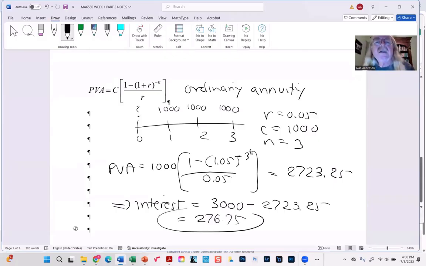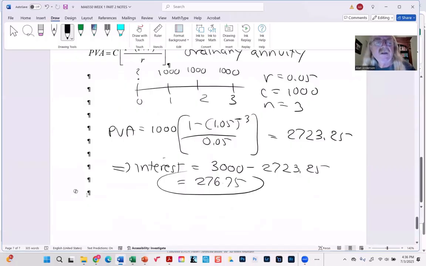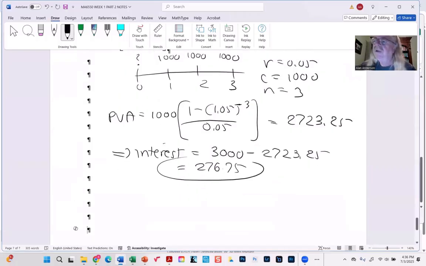Now, the annuity due version, here's an interesting twist. With the annuity due, the cash flows are withdrawn 1 year sooner.